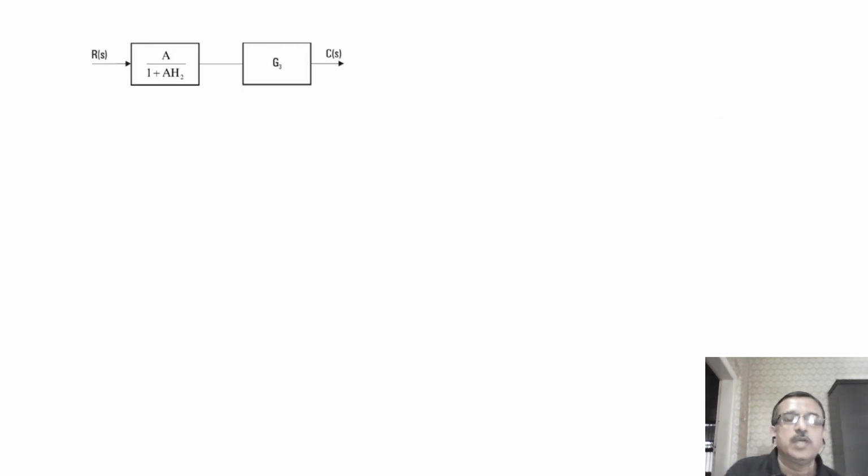So look here, from the last diagram we have one block with the transfer function A by 1 plus A H2 and another transfer function G3. This is a cascade block and you recall that A is G1 G2 divided by 1 plus G2 H1 G3.